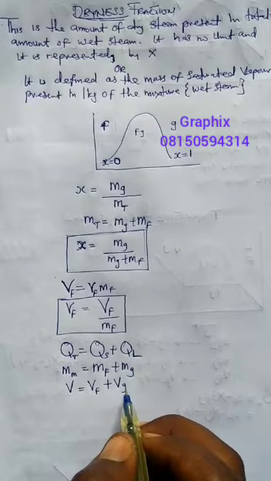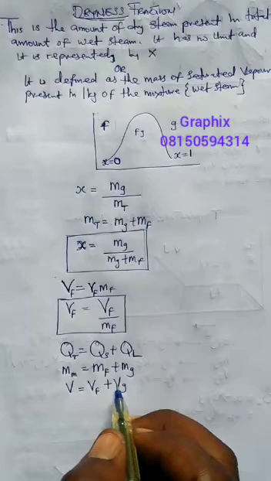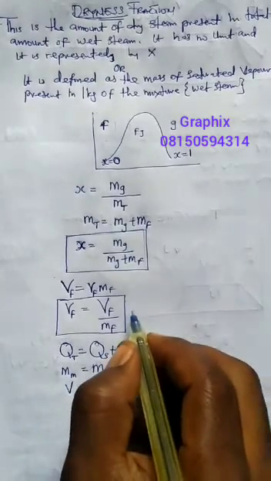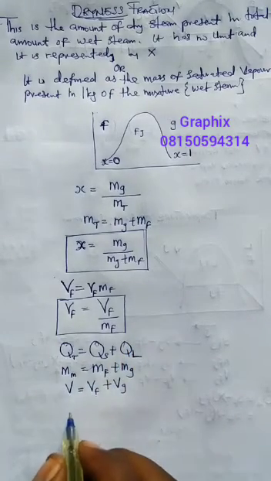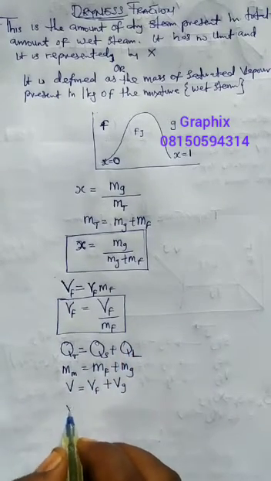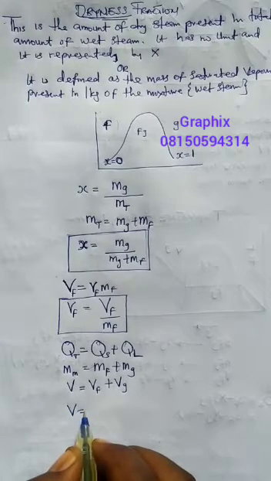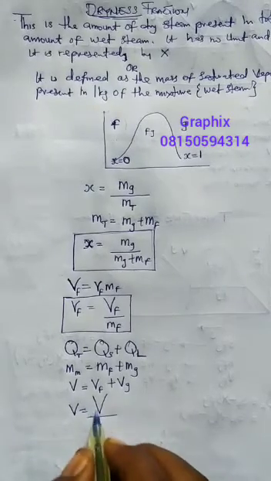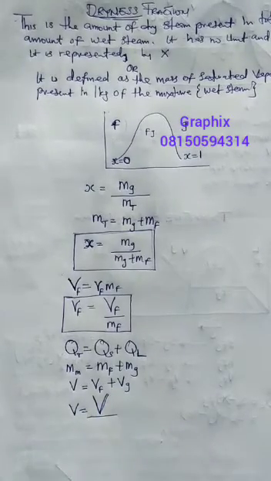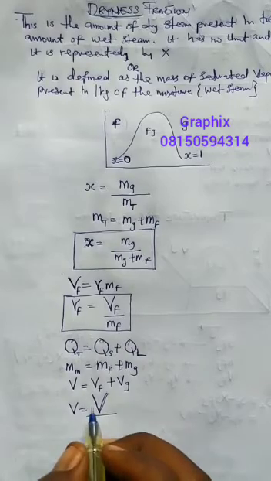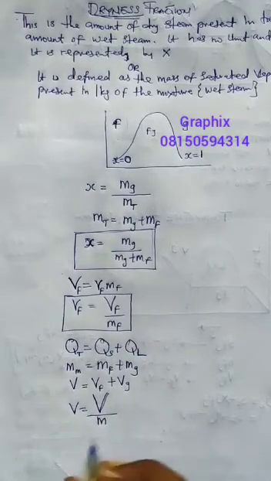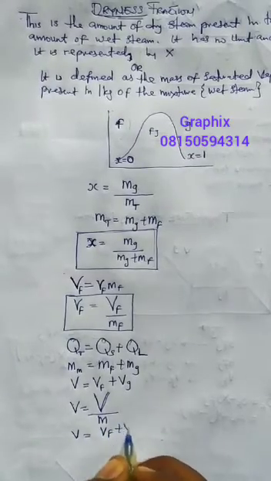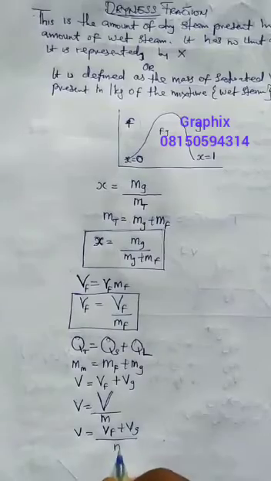Are we good? So when we have, from the equation, specific volume v is equal to our volume over m, we can easily say that my v is equal to Vf plus Vg all over m, right?